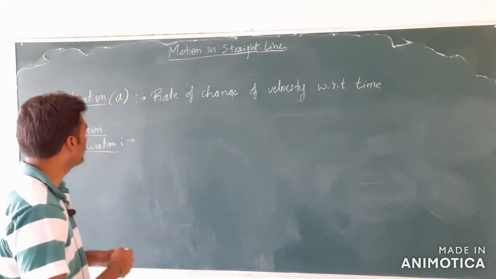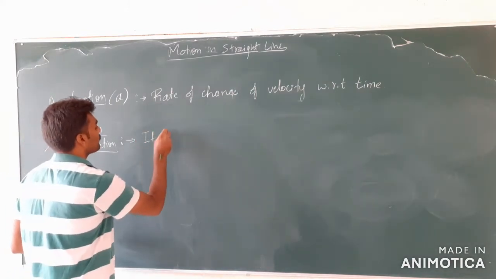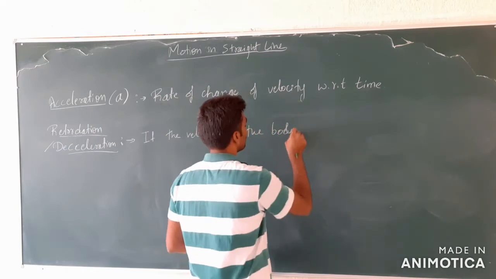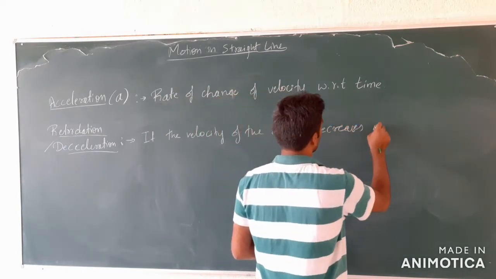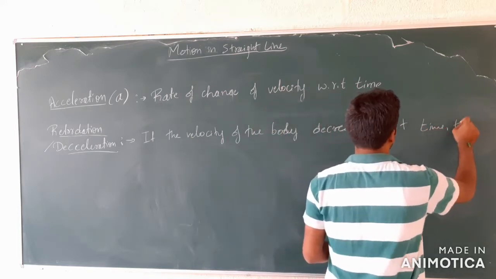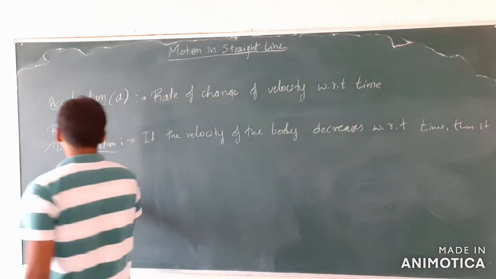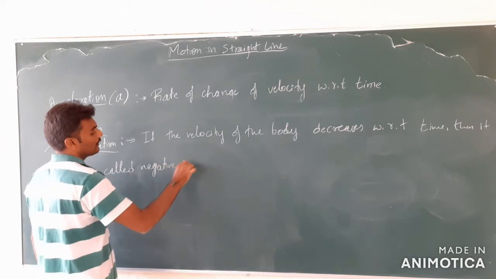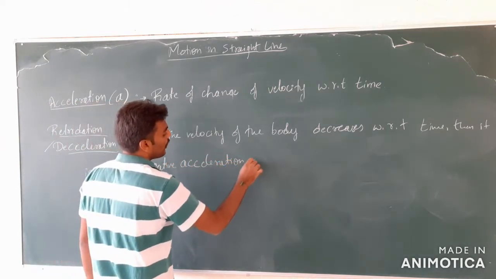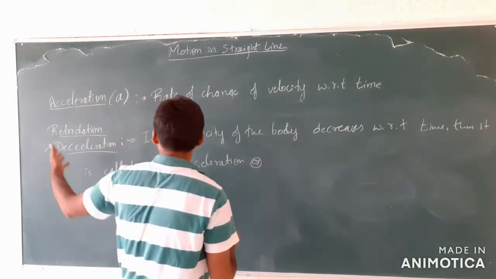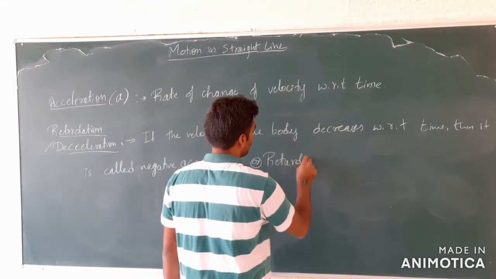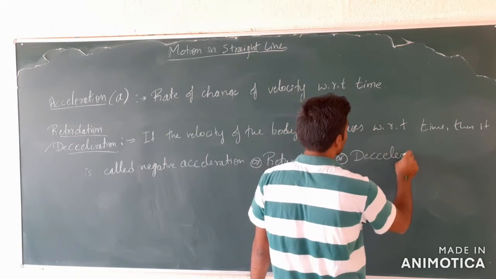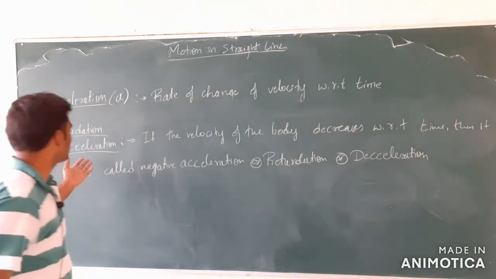So if the velocity of the body decreases with respect to time, then it is called negative acceleration, or it is also called retardation, or the same factor is also called deceleration.